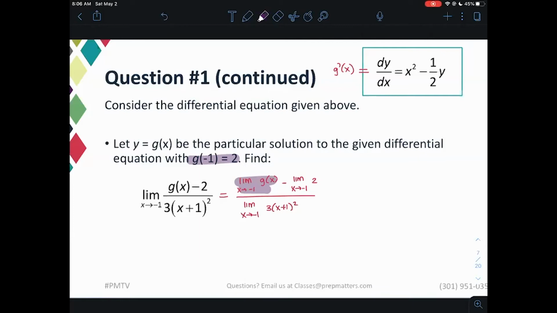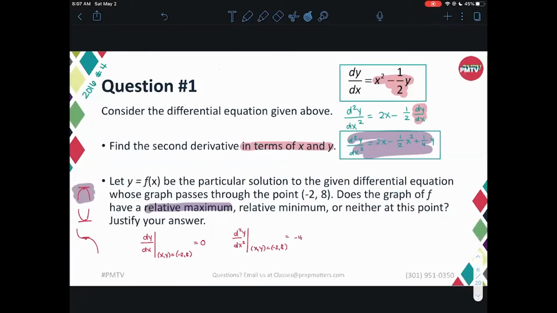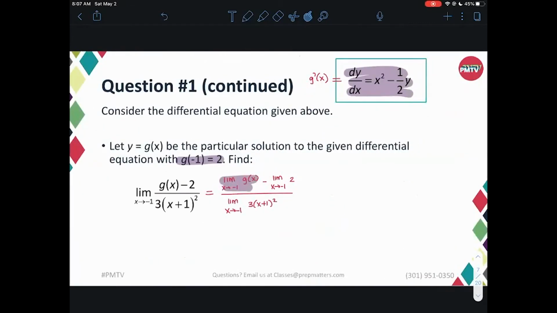When we do that, we are going to have to evaluate the limit as x approaches -1 of g prime of x, which we would do here. When we get to that point, we also get 0 over 0 again. We get an indeterminate form again. So we apply L'Hopital's rule a second time and end up having to evaluate the limit as x approaches -1 of g prime of x, which would force us back to our second derivative to evaluate this at the point (-1, 2).